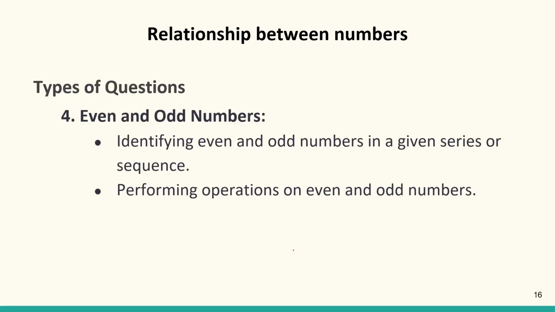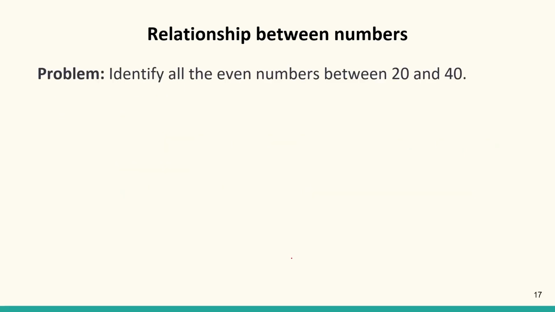Okay, so the fourth type of question is on even and odd numbers, identifying even or odd numbers in a given series or sequence, and performing operations on even and odd numbers. So let's take an example so that we get a better gist of it. Identify all the even numbers between 20 and 40.